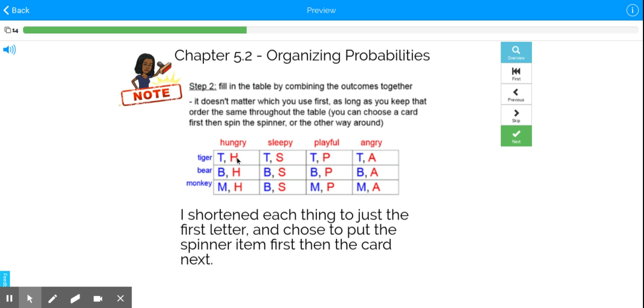So TH would be tiger that's hungry, or a hungry tiger. TS, a tiger that's sleepy. TP, tiger that's playful. TA, a tiger that's angry. You can see it goes the same way for each one. So these are all of our outcomes. This is our sample space right here. So definitely make a note of this. You have that example in your book for a table.